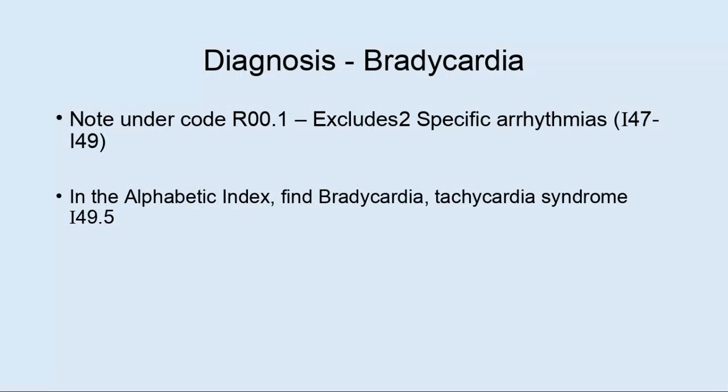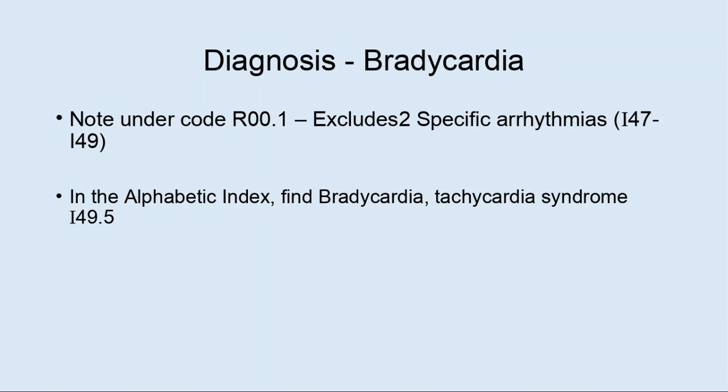So let's look under code R00.1. Maybe that will help clarify what we need. Yes, it does. There's an Excludes2 note under R00.1. So it excludes specific arrhythmias, and it gives you I47 to I49, which includes the code we were looking at for sick sinus syndrome.